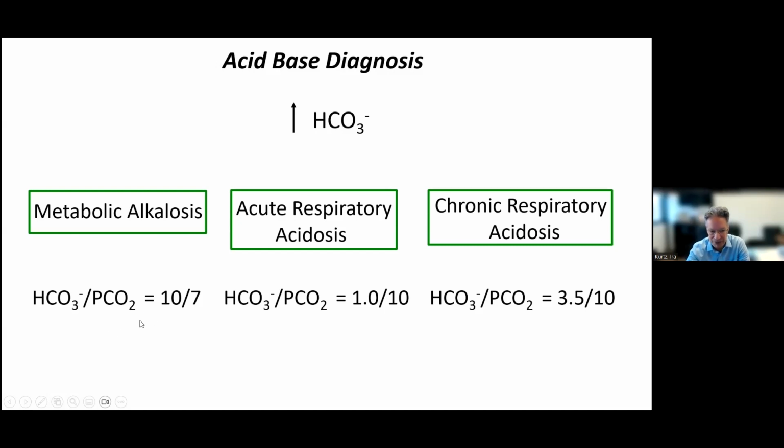They're more equal. In metabolic alkalosis, the PCO2 doesn't quite go up as much as the bicarb went up. And again, in acute, you've got this huge discrepancy between the two, where for every 10 increase in the PCO2, the bicarb goes up about 1. If you maintain that, it goes up another 2.5 above its original level.